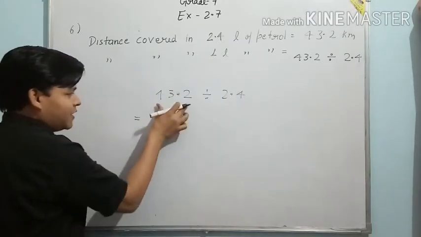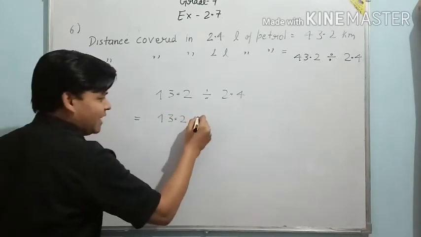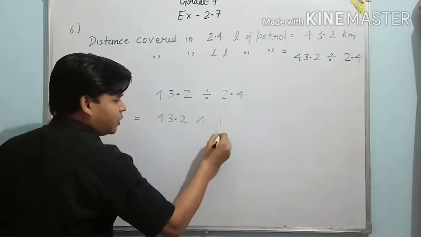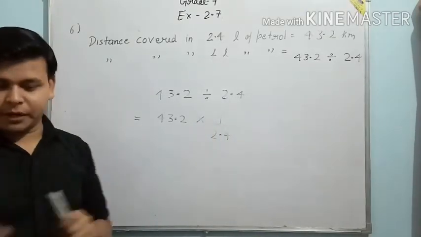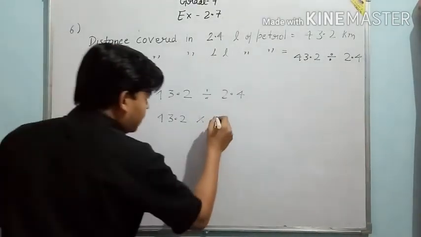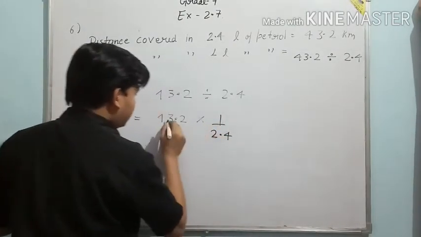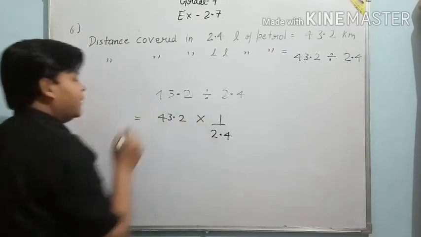So first of all, first number as it is, divide will become multiply, and this will be written as 1 upon 2.4. I think the marker is not working properly, so let me fill in this. So now I'm writing again this 1 upon 2.4, and this is 43.2 multiply.